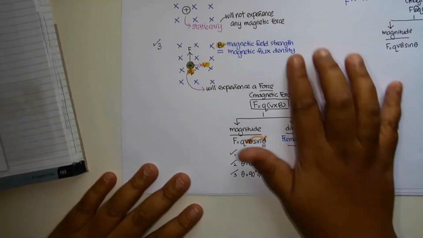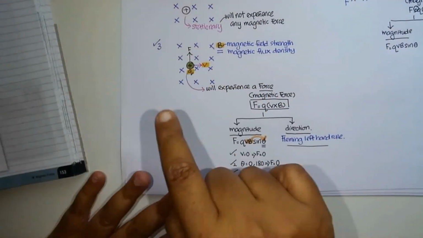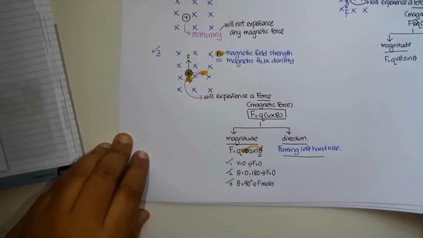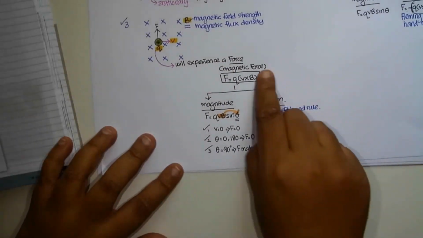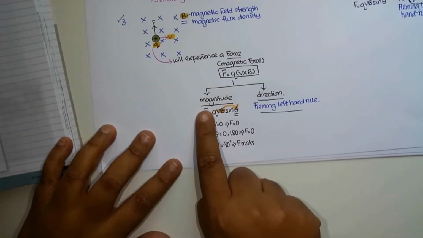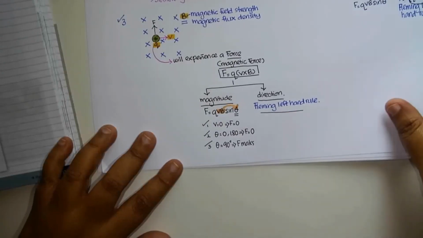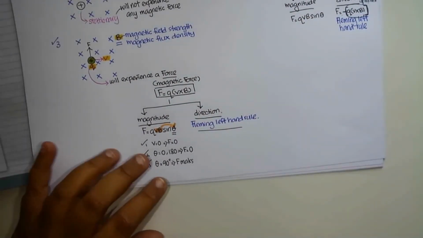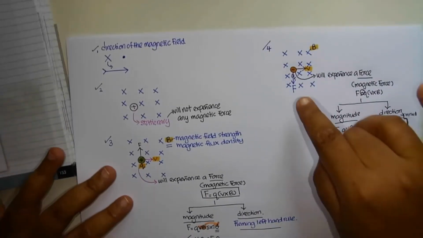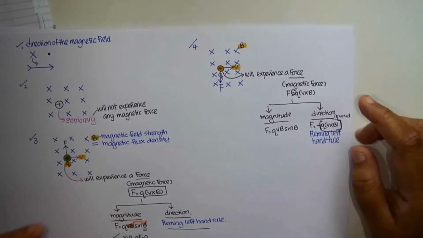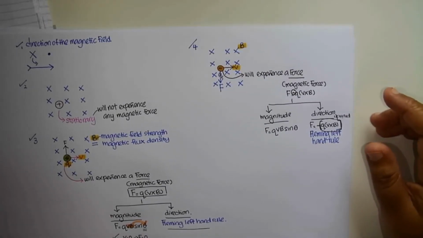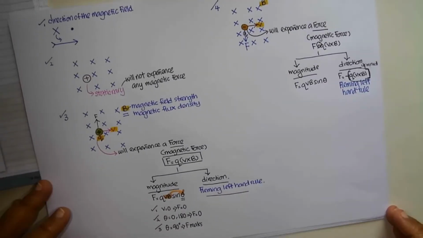Number three is about a charge which is inside the magnetic field and moving with a velocity v. Then it will experience a force, and we have to know the magnitude and the direction. For direction we use Fleming left-hand rule. And number four, if that charge is a negative charge, then you reverse the direction of your F. All right, so that is all, class.